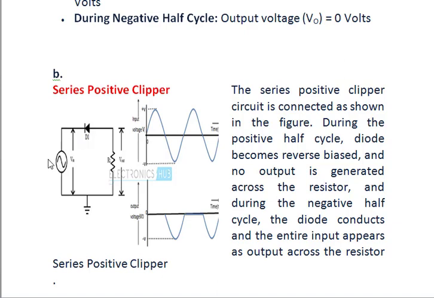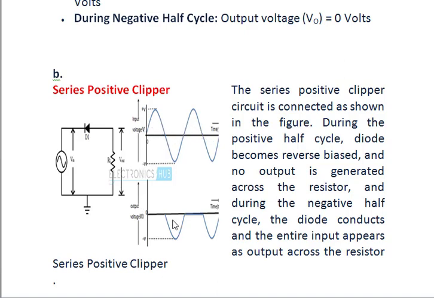When the waveform is applied here, it passes through the diode. When the positive half cycle is coming here, it acts as reverse bias. So it never allows the waveform or voltage here. So this portion gets cut off.